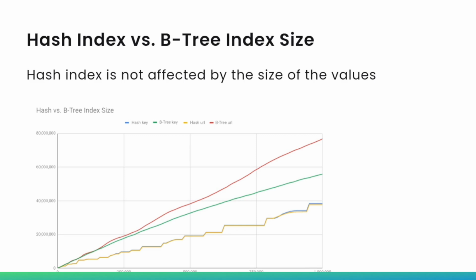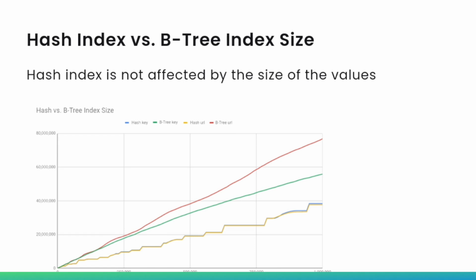I did the same with B-tree. So I had a B-tree on the URL and I had a B-tree on the key. And take a look at what we see here, okay? On the bottom axis is the number of rows and the left axis is the size.